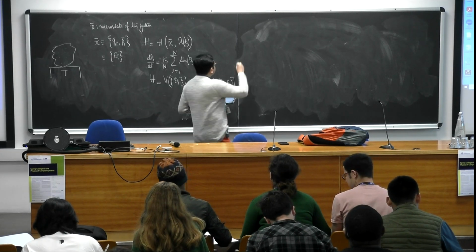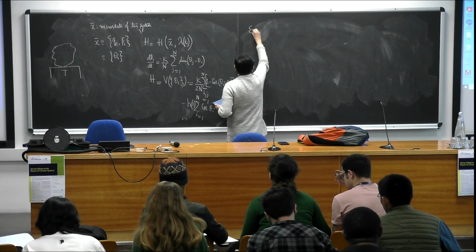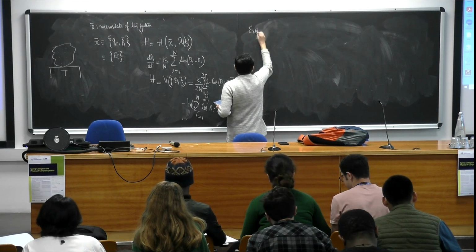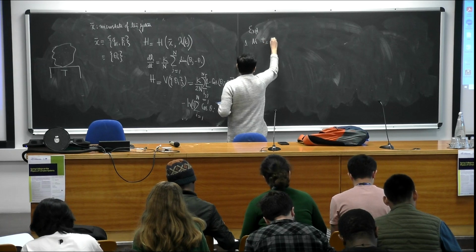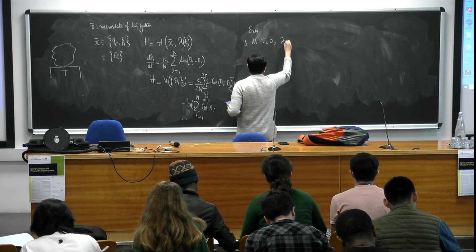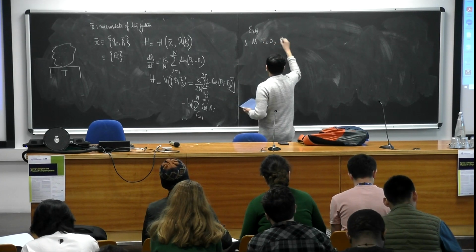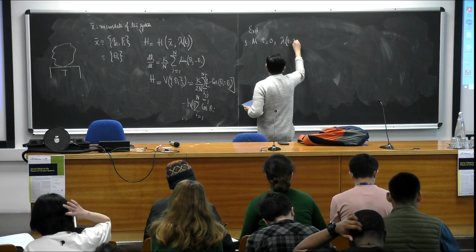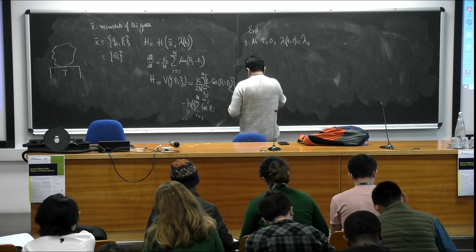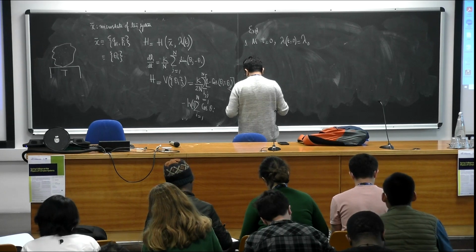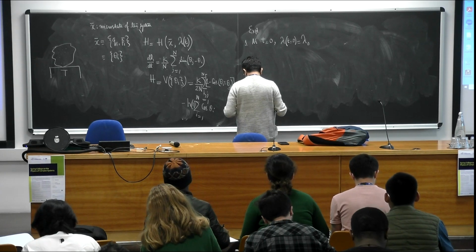So let's do the following experiment. The experiment is at time t equal to 0, this lambda function lambda of t has a particular value, let's say lambda 0.